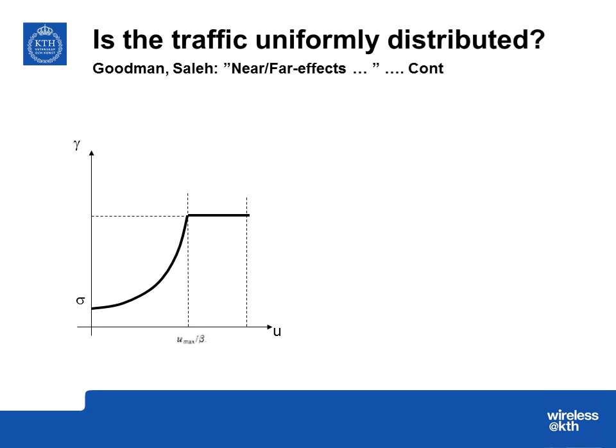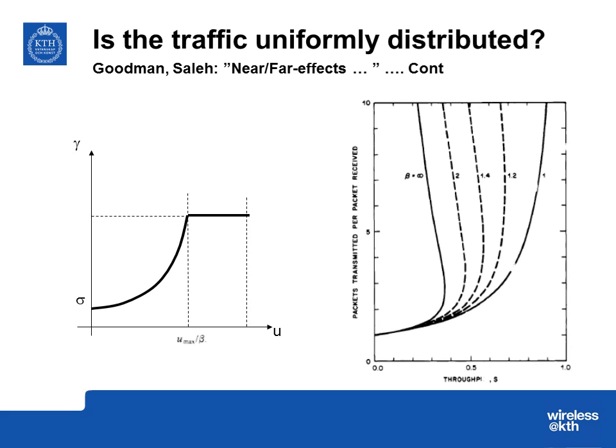And then the offered traffic will increase as more and more retransmissions are needed to get the transmission through. And at some critical point, Umax divided by beta corresponds to the case where stations are so close to the boundary that they can never have a successful transmission. If they collide with some other station, it will not be further away such that it can have a signal that is stronger by factor beta than the original transmission.